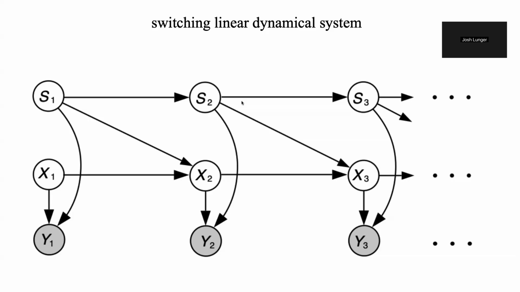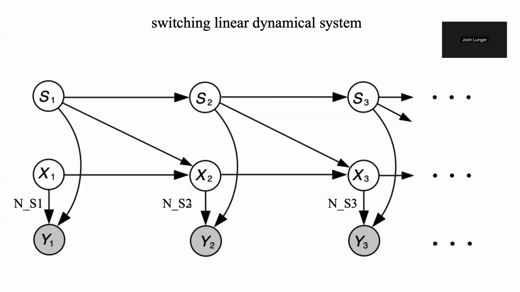This is the switching linear dynamical system that was developed a pretty long time ago. In particular, there are these hidden continuous latent states that model like this rich here, it's linear, but the point is they're continuous and they're rich, and their transitions are parameterized by these discrete switching variables.